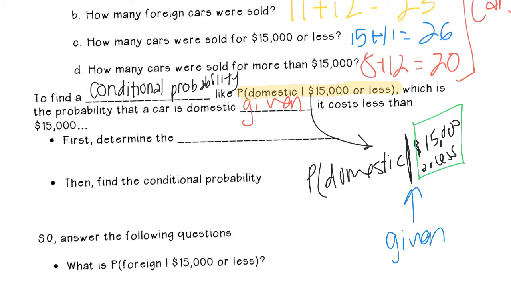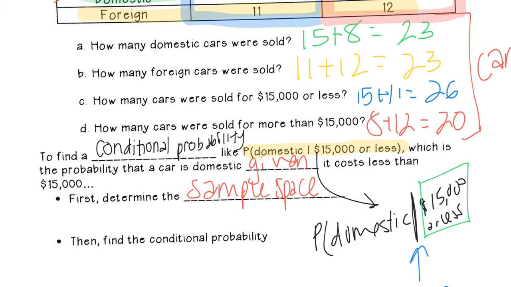So your first step is always to determine the sample space. That means our total, what our denominator is going to be. So if we look here in this question, we need to find the given. And the given in this case was $15,000 or less.